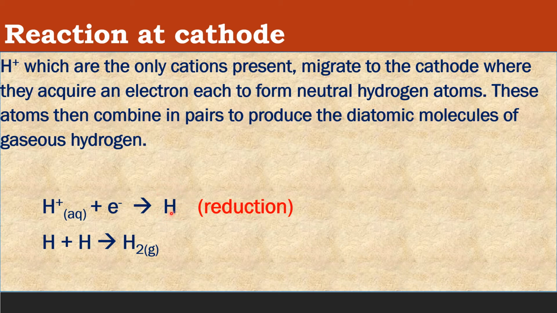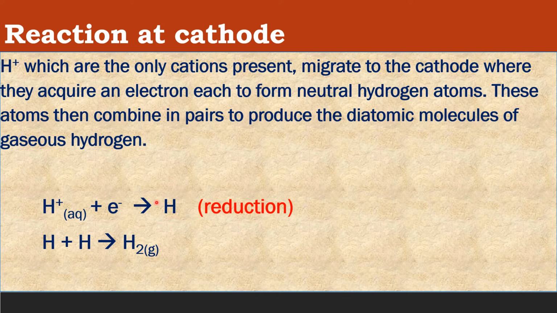This hydrogen is neutral, it doesn't carry any charge. Because this hydrogen ion gains one electron to form a neutral hydrogen atom, that process is what we refer to as a reduction reaction. Gaining of electron is what we call a reduction reaction.